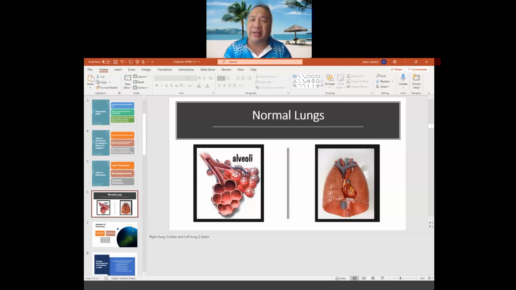In the alveoli, as I've said, the exchange of your carbon dioxide and your oxygen takes place. There are a lot of capillaries in there, and they are semi-permeable for the gases to exchange. So this is pretty much your normal lungs.